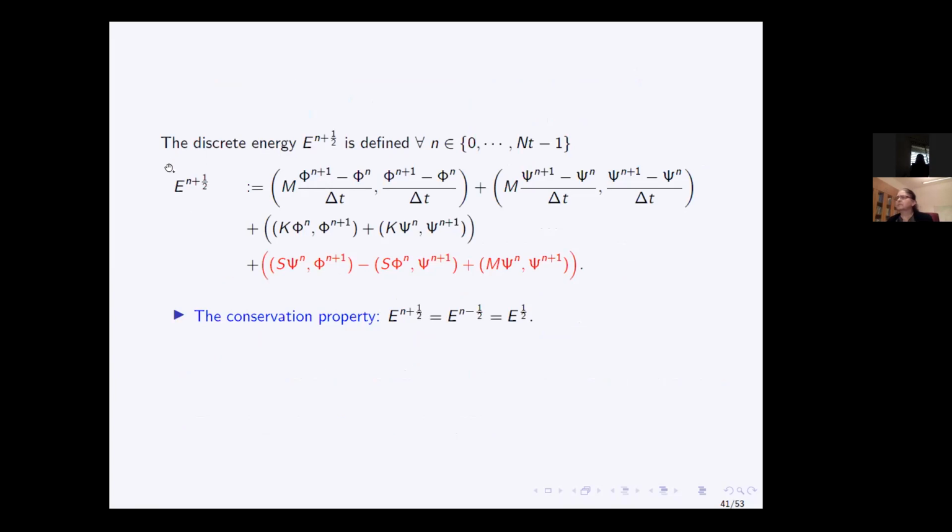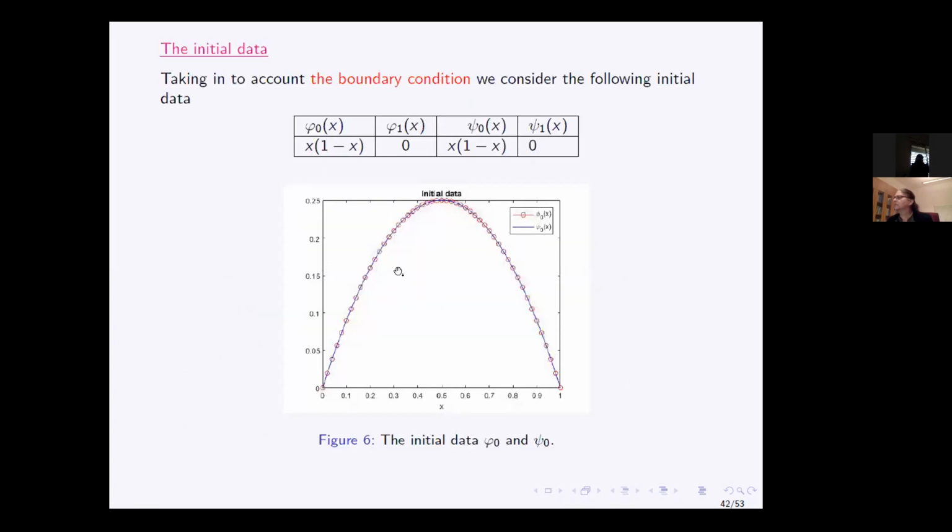The expression of the energy is given as follows, and the first step was to prove that we have the conservation property of the energy, because the system is conservative without any damping term. We assume that we have the initial data, polynomial 1, satisfying the boundary condition.